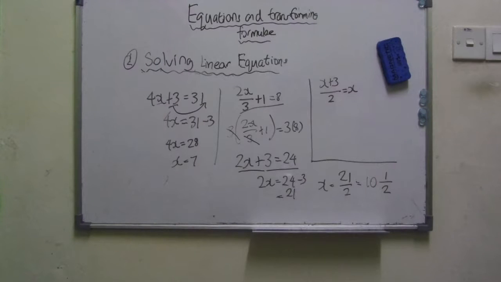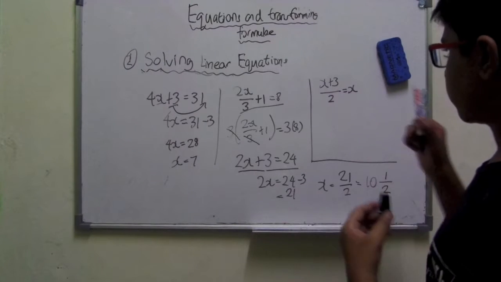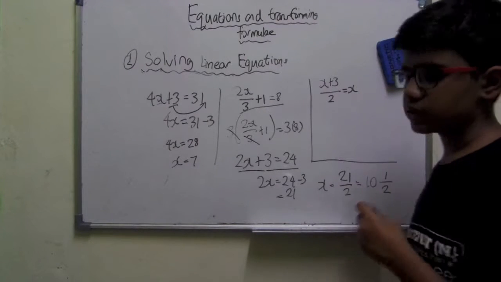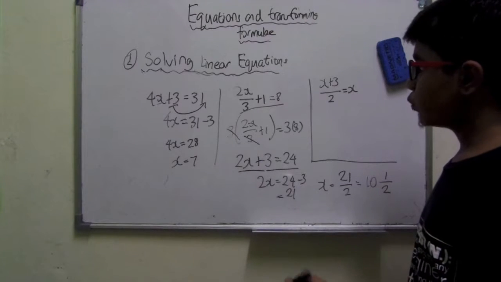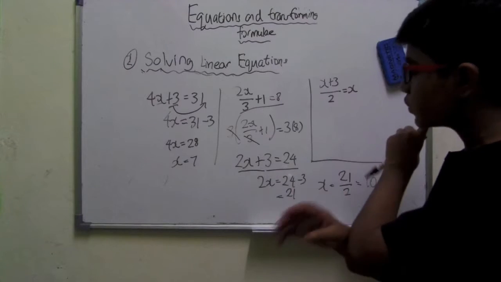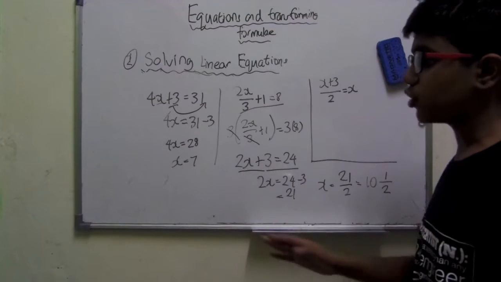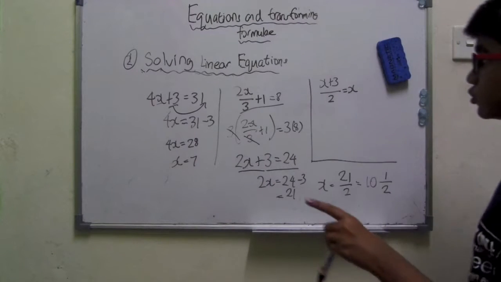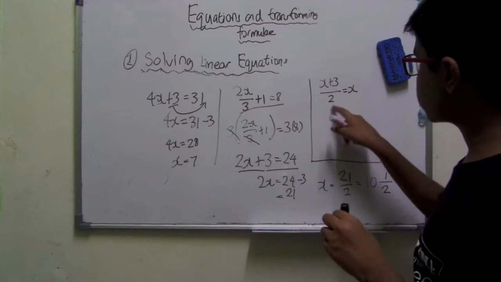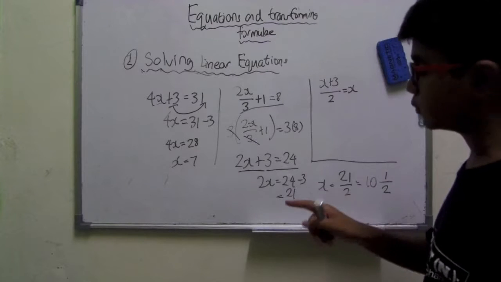Number 3. So now how are we going to approach something like this? There are x on both sides, and this makes it ridiculously complicated again. What we have to do, first step, is remove the denominator. No one likes denominators, it just causes a mess. So to get rid of it, as I told you before, we need to multiply both sides of this equation by 2.